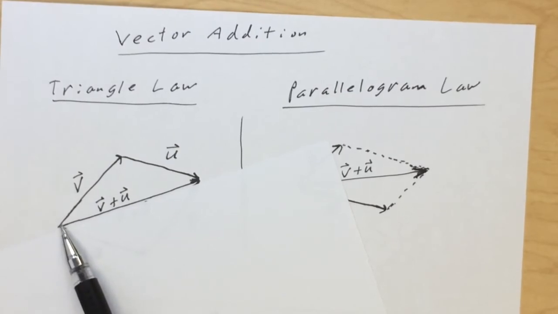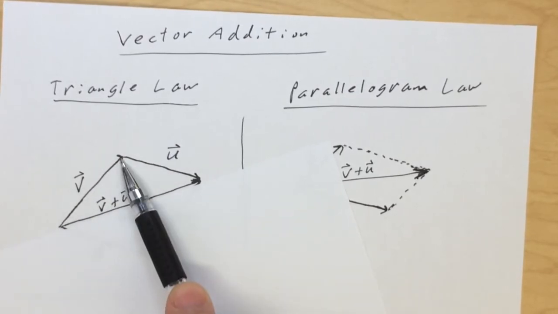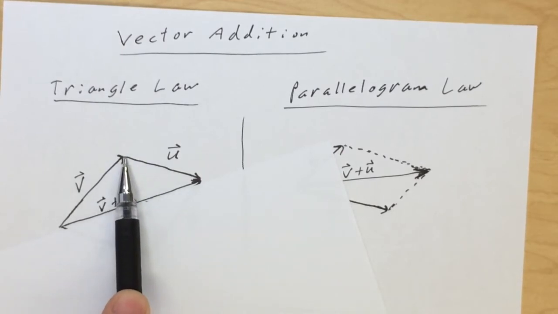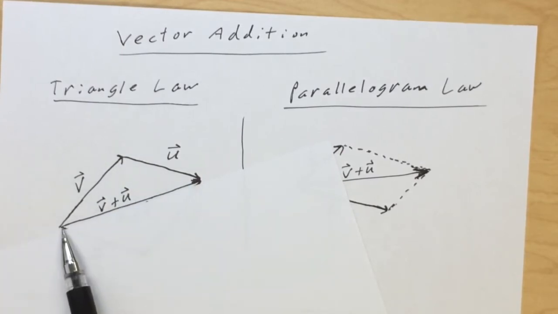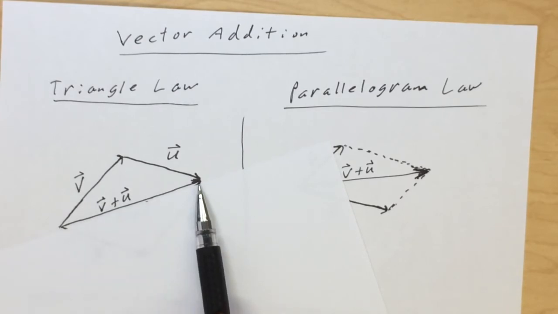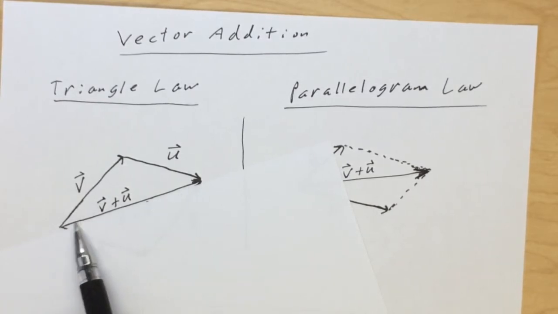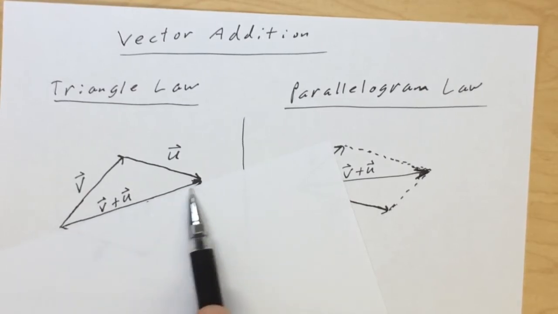To add these vectors, we take one vector, start with v, and then place the other vector at the end of that vector, and the path from the beginning to the end is the resultant vector. It's called the resultant when you add or subtract two or more vectors. So the resultant is v plus u, and it's the shortest path taken.